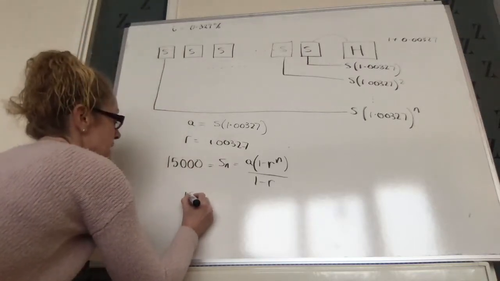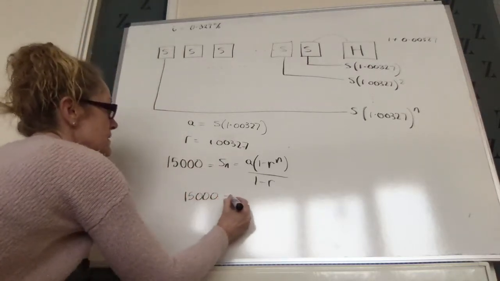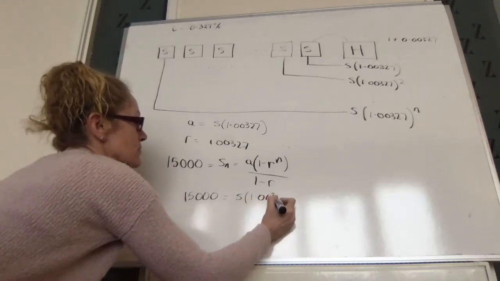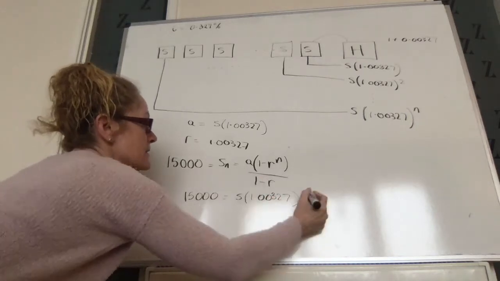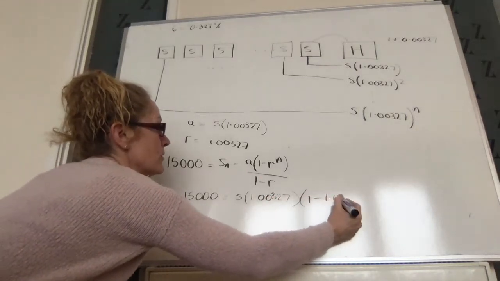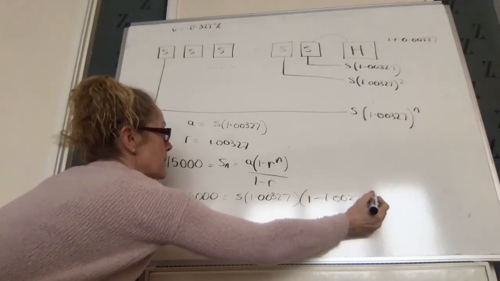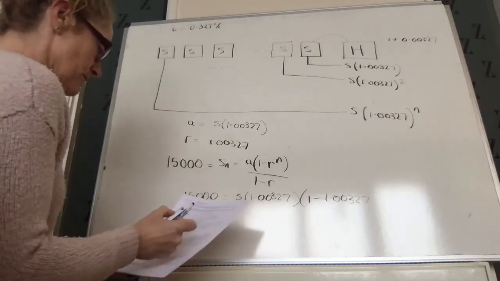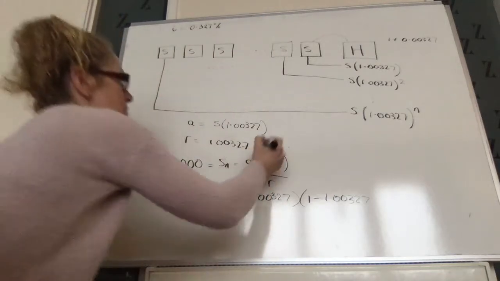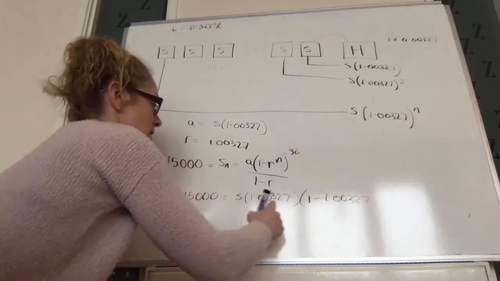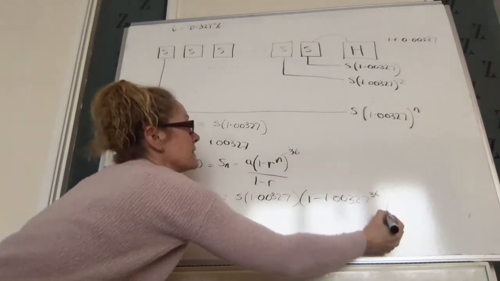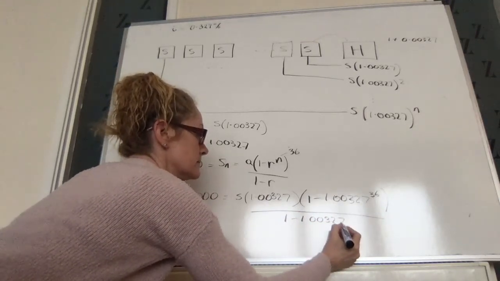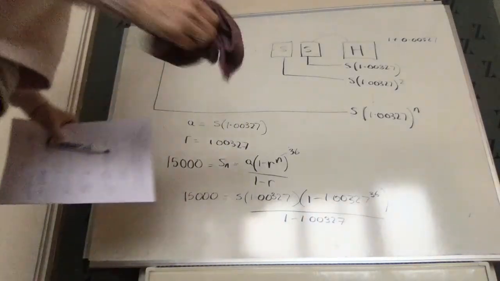So we have 15,000 is equal to A, which is S times 1.00327, times 1 minus R to the power of n. Now, what's n in this situation? N is the number of months, so n is 36 in this question. 1.00327 to the power of 36 over 1 minus R. Okay, so we just want to find the S.